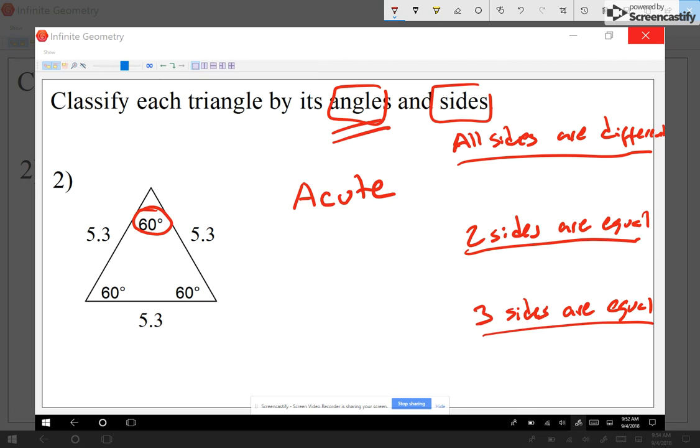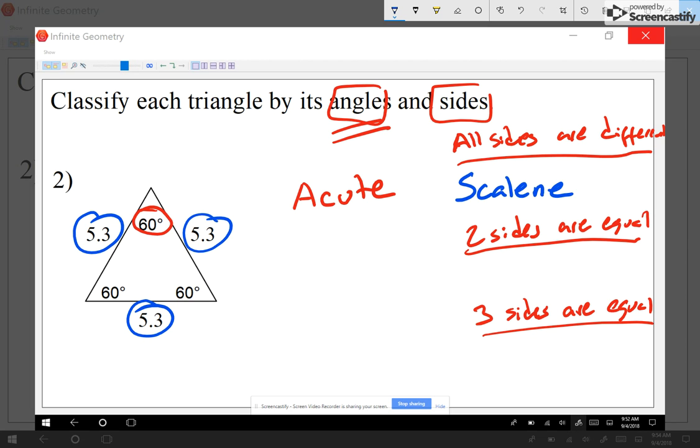Those are basically the three cases that we have. I'll give you the three names for right now. Keep in mind that now I'm looking at sides, so I'm looking at these numbers out here. If all the sides were different, I will call this scaling. It's not our case, but it could be a case. So if all the sides are different, I'll call that scaling.